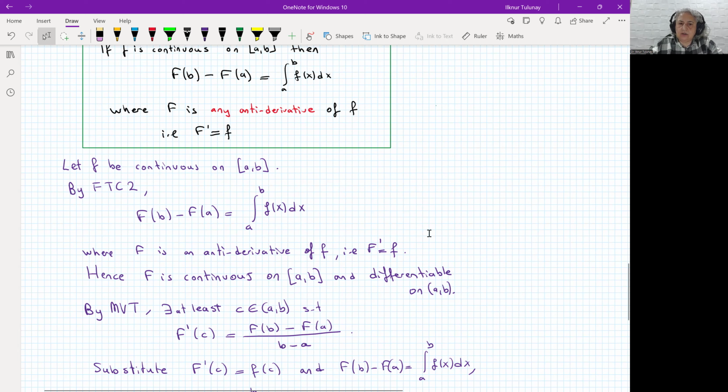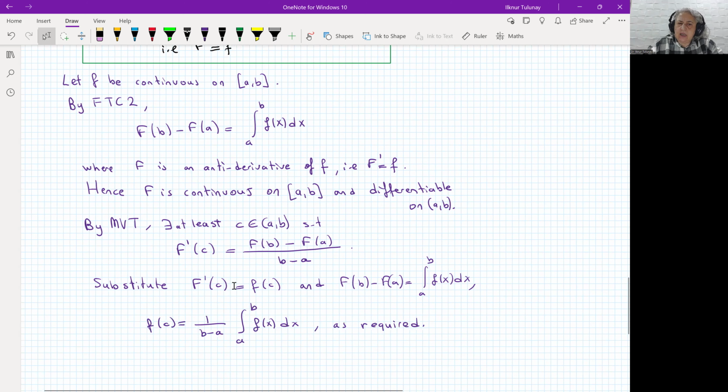And observe that since the capital F is the antiderivative, the derivative of capital F at c will be f(c). So F(b) minus F(a) is, by the fundamental theorem of calculus, this one, and that's the right-hand side. You take this one onto the left-hand side, and that's f(c), so the condition is satisfied.